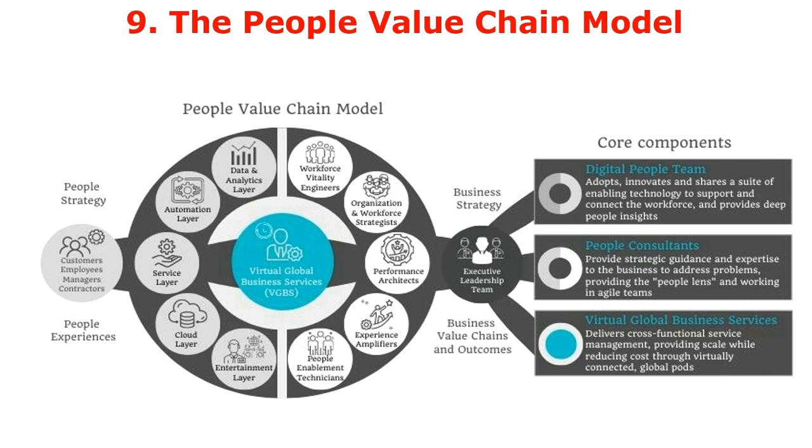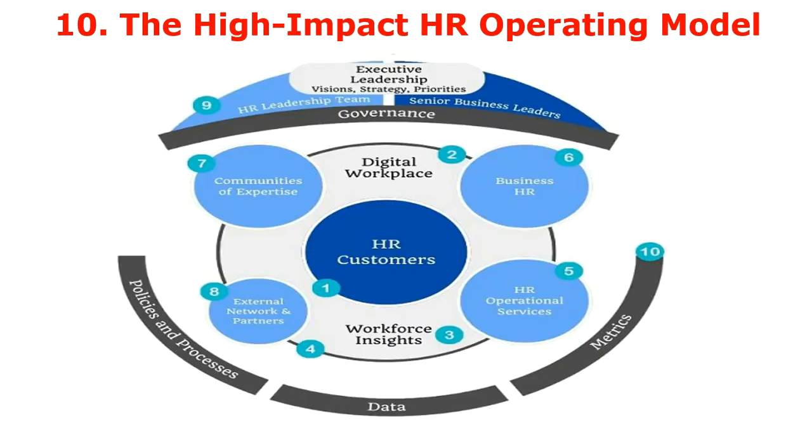The people value chain is built on three core competencies: the digital people team, people services, virtual goals, business services.